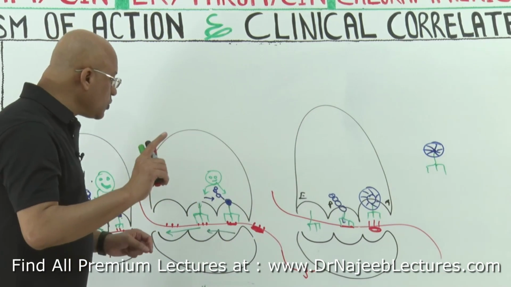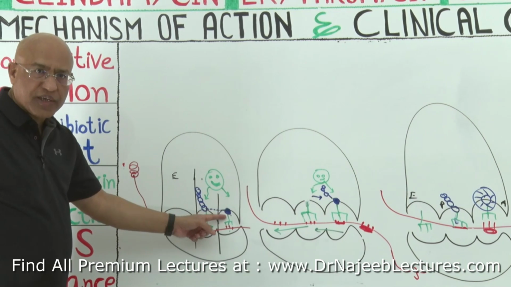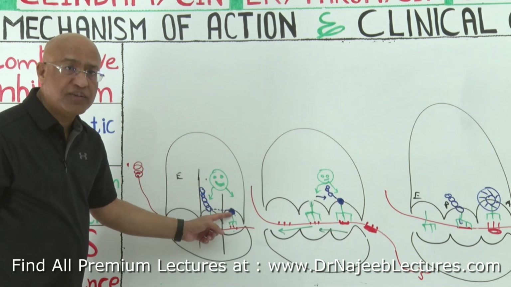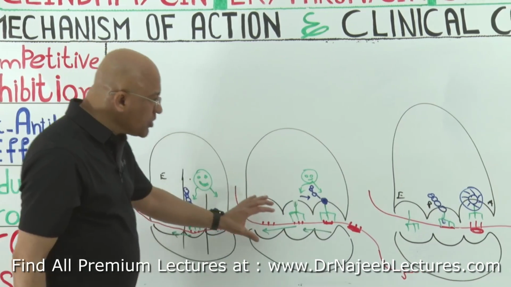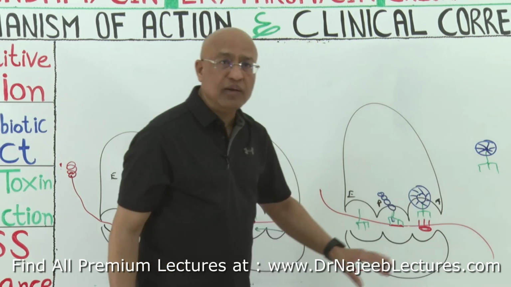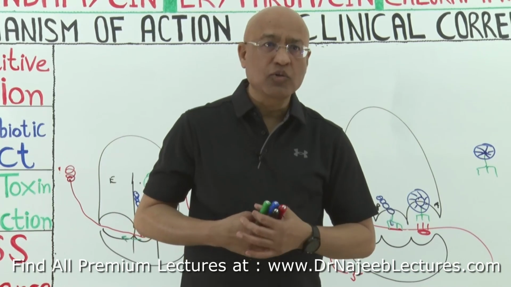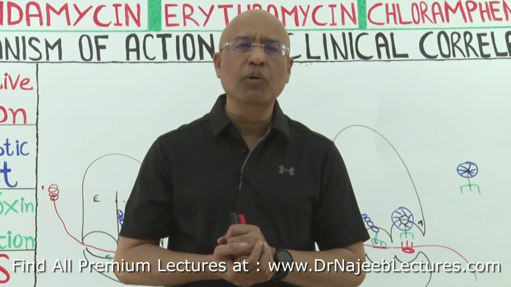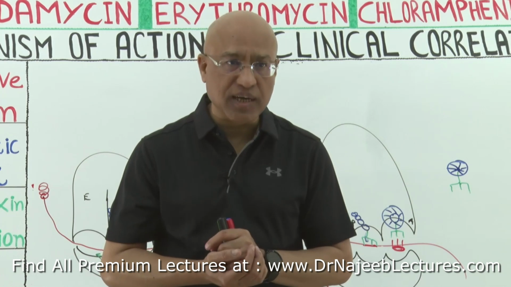So there are two translocations. One is translocation of the peptide chain, which is the peptidyl transferase action. And the other is when the ribosome moves one step down toward the 3' end, which we call ribosomal translocation. When I say peptidyl translocation, I'm talking about transpeptidation, the transpeptidase reaction.